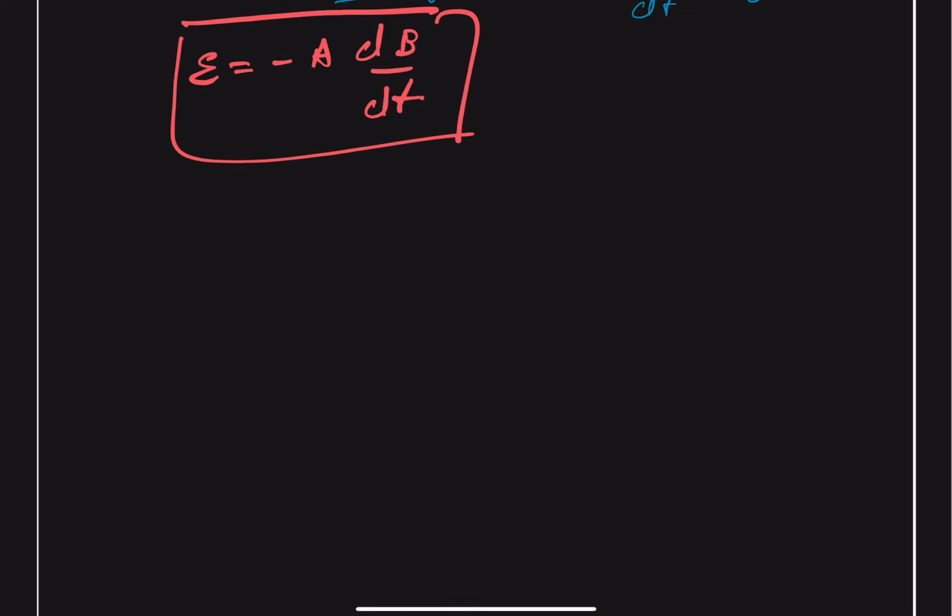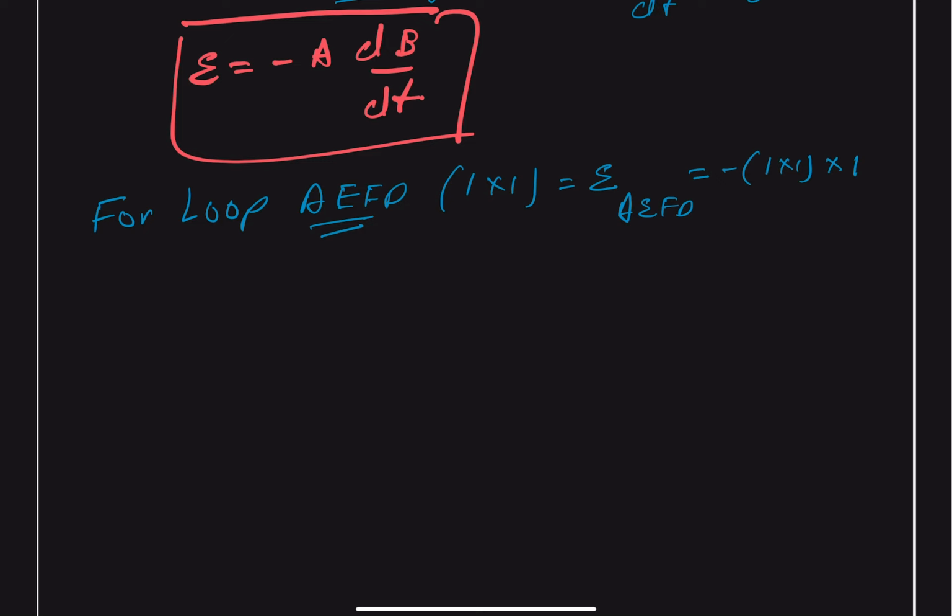So we write for loop AEFD, which is 1 by 1 meter. So we get induced EMF in the loop AEFD is equal to minus of 1 into 1, and the rate of increase is given as 1. So this comes as minus 1 volt.